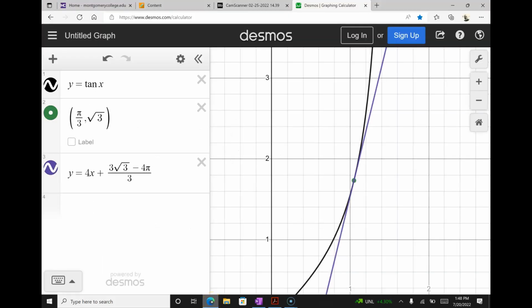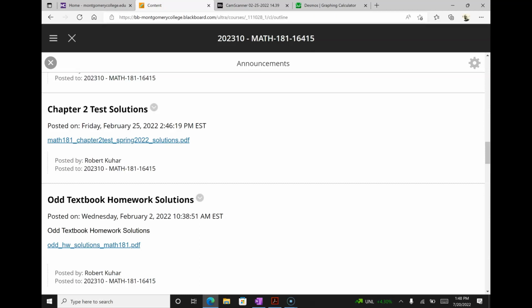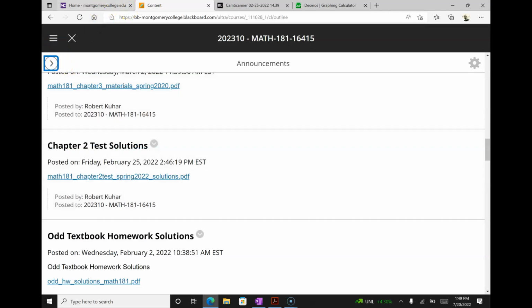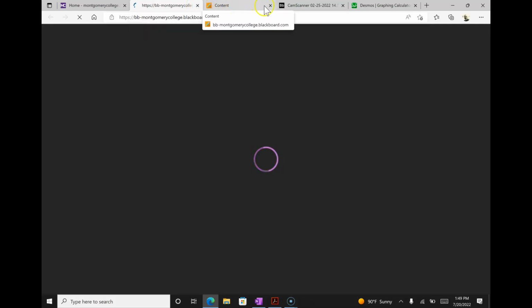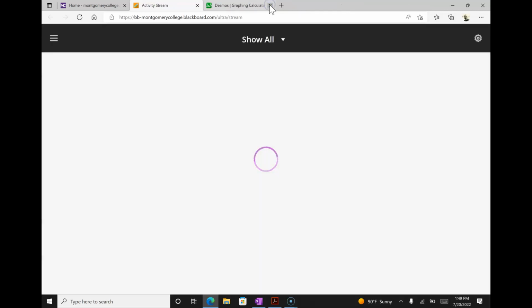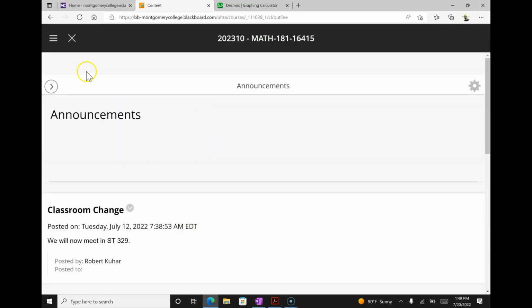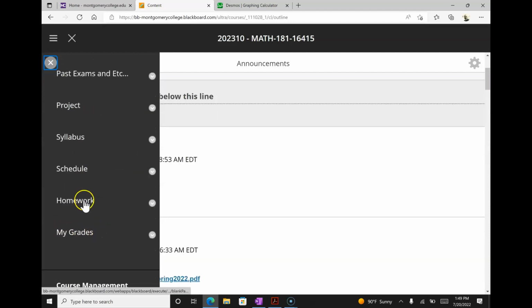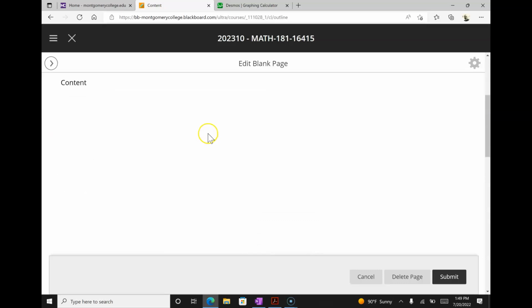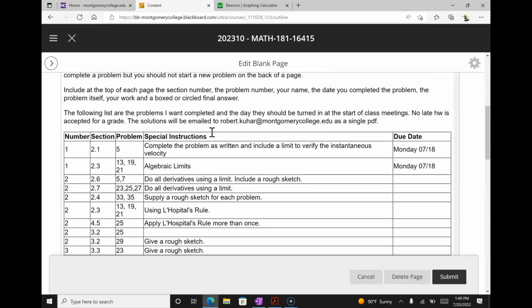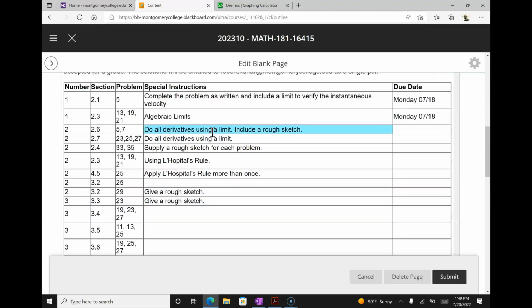So let me just check this homework list here. Yeah, up to 3.2, so that's fine.